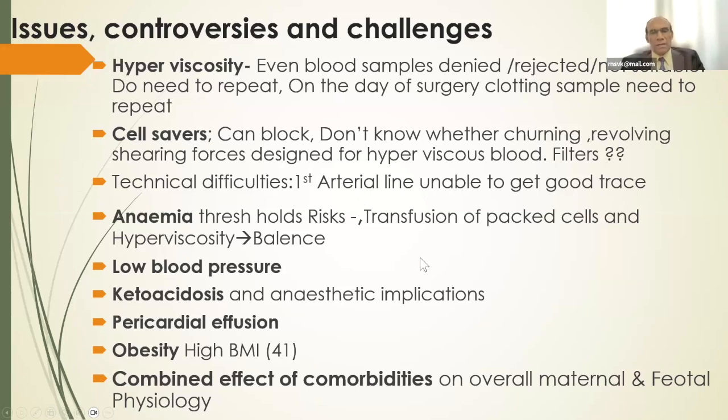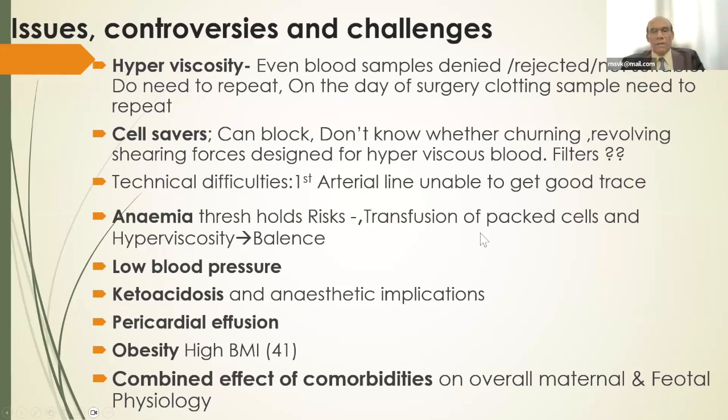The third discussion is the anemia threshold. At what level should we give the blood? The issue is because the patient has hyperviscosity. If you are giving packed cells to hyperviscous blood, its impact on the thrombotic phenomena, we're not very clear.